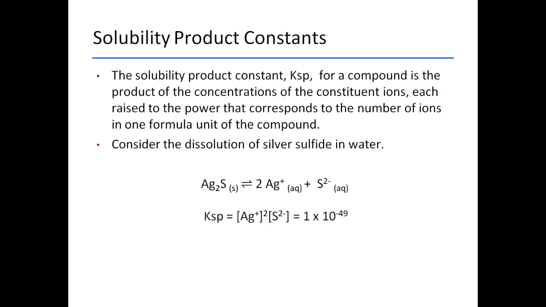Now that we understand how to use our solubility statements, we can look at how we can predict our concentrations if we don't know our solubility. And for this, we'll use what we call a solubility product constant, or Ksp. This is similar to the equilibrium constant we did before, but slightly different.